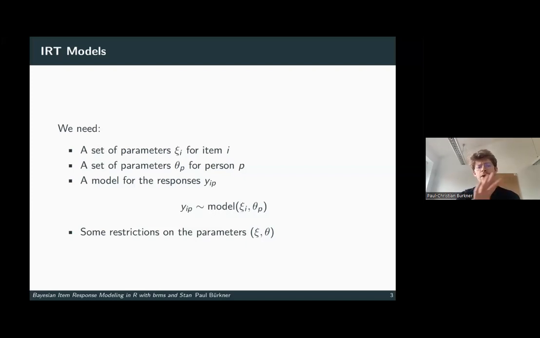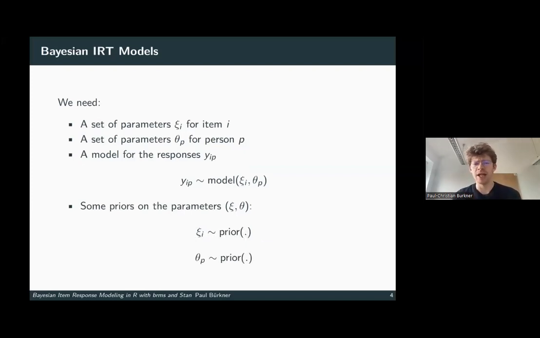When we now do Bayesian IRT modeling, most of it stays the same. We're just replacing those restrictions with priors. So we're going to have some, for now not specifically specified, prior on the item parameters, and some, for now not specifically specified, priors on the person parameters. And that's really it.